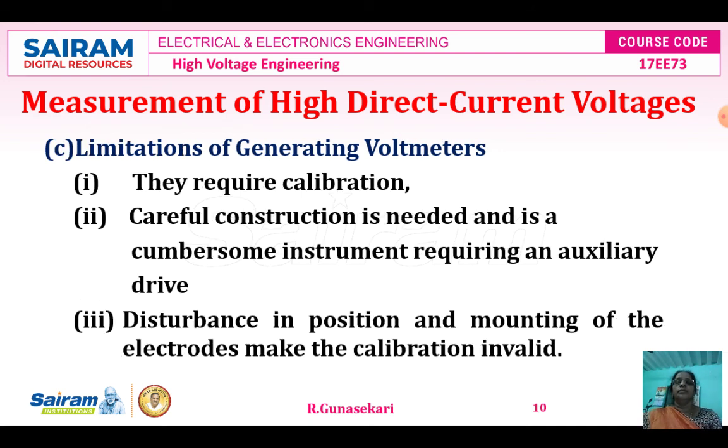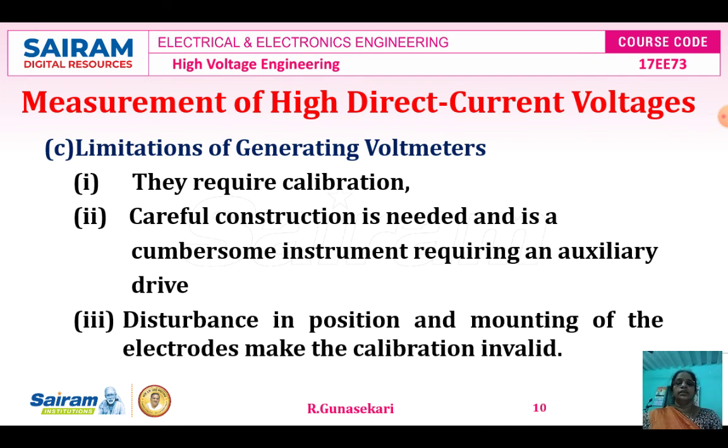Then the limitations, or disadvantages, of generating voltmeters. They require calibration. That means it is a measuring device. All measuring devices should be calibrated. It should be mandatory. So therefore the generating voltmeter is also calibrated. This is a limitation of the generating voltmeter. Then careful construction is needed.